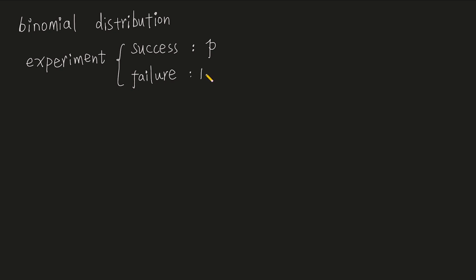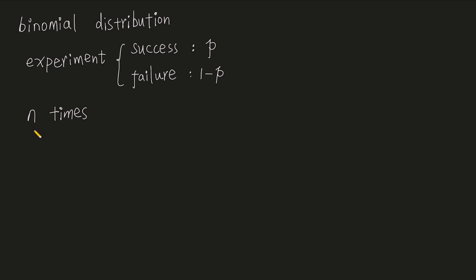It's 1 minus p. Imagine if we do the experiment n times. We can infer that in the n times, sometimes are success and sometimes are failure. Each time we do n experiments, the number of successes is random.